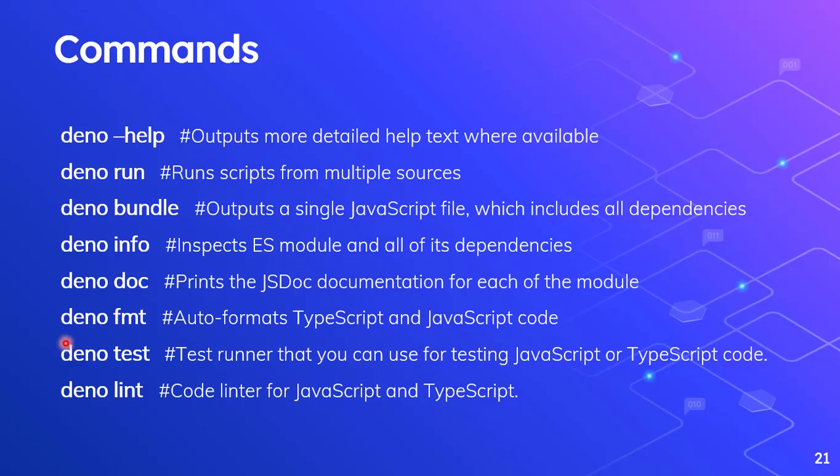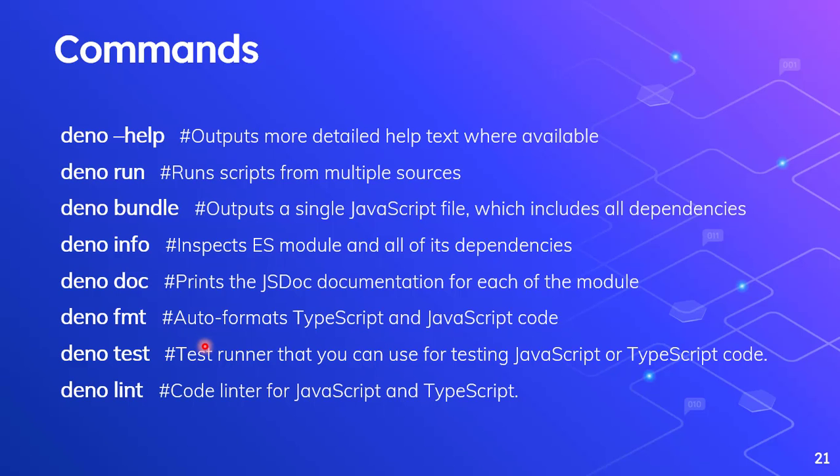Then Deno test, another feature of Deno. Deno has a built-in testing tool, which is Deno test. It's a runner that you can use for testing JavaScript or TypeScript code. The last one is Deno lint, which is a code linter for JavaScript and TypeScript. It's also built into Deno.